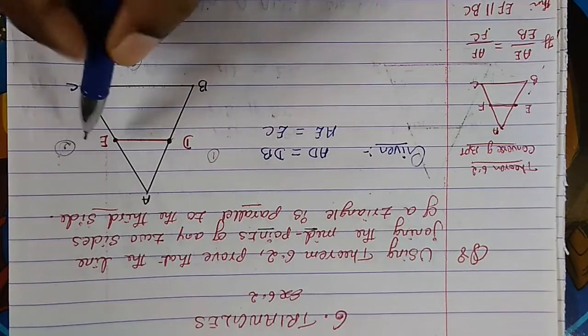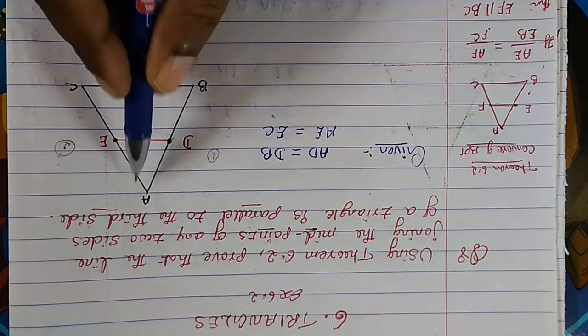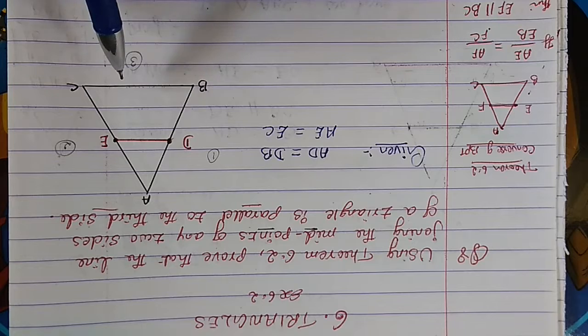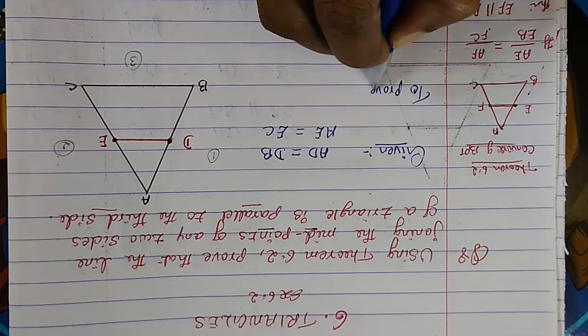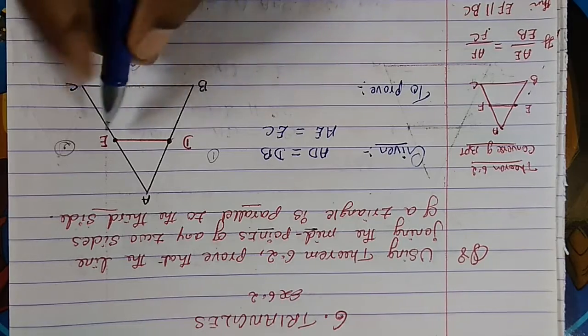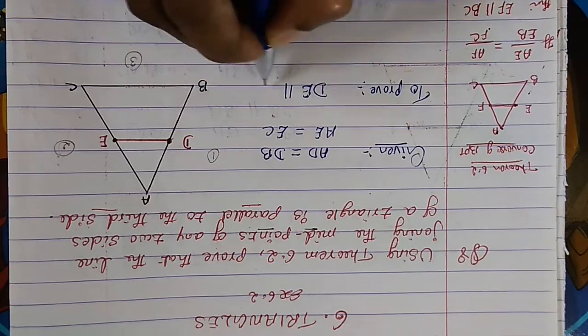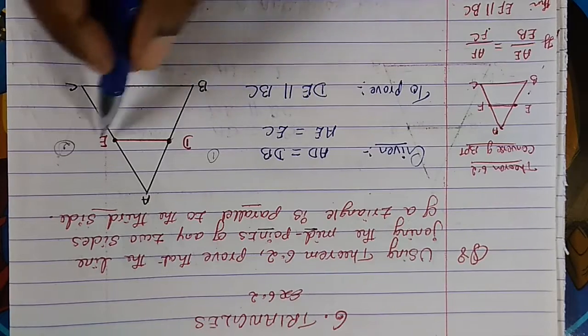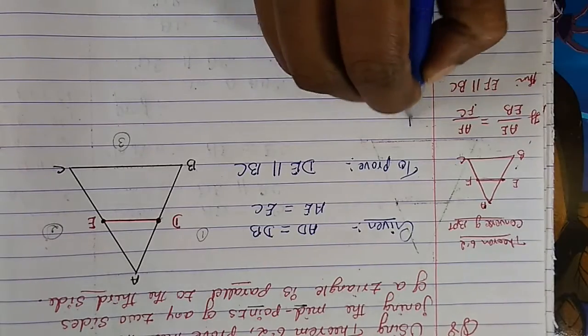This is what is given to us because these are the midpoints. Now what we have to prove is that DE is parallel to BC. So let's begin the proof.